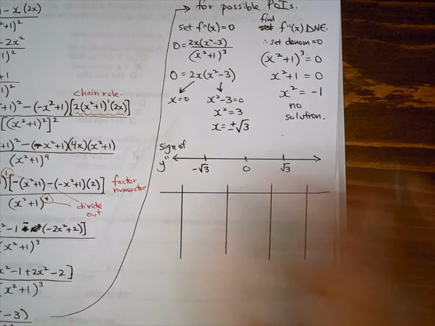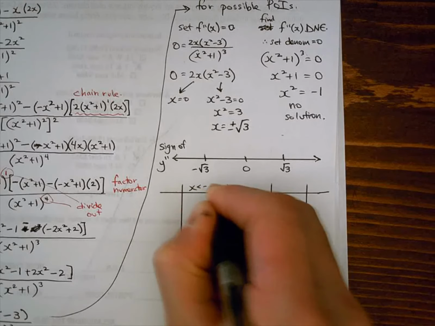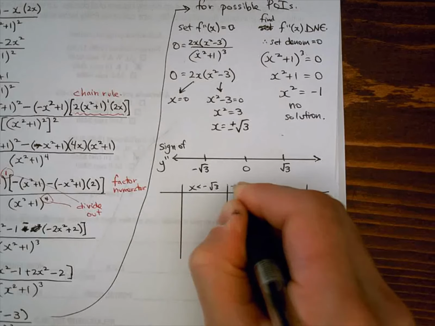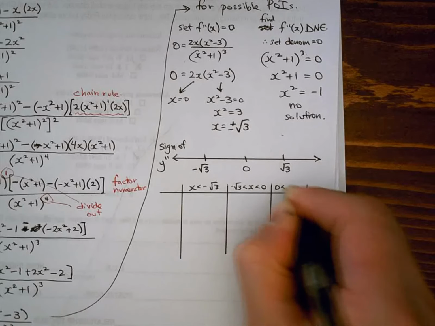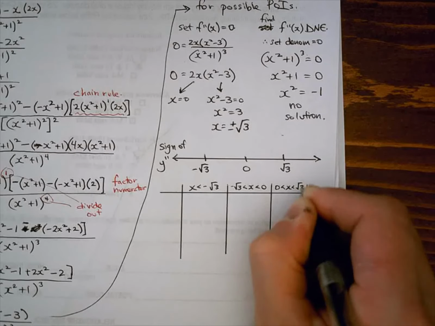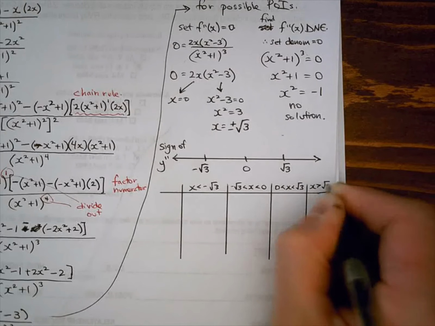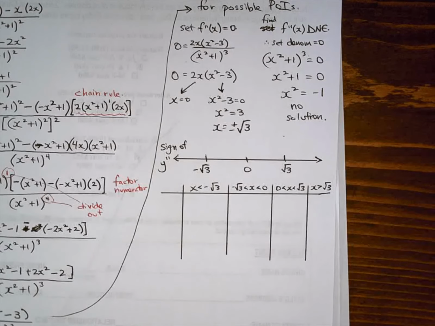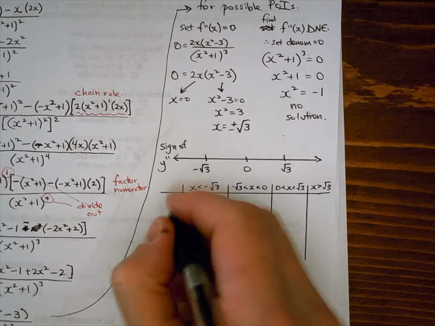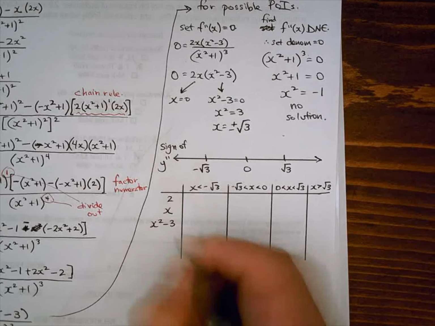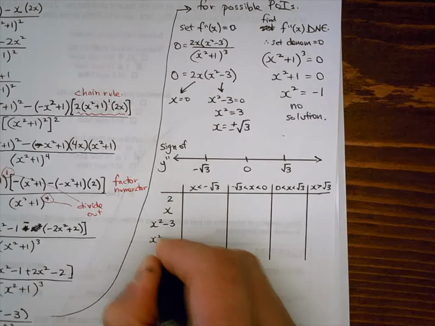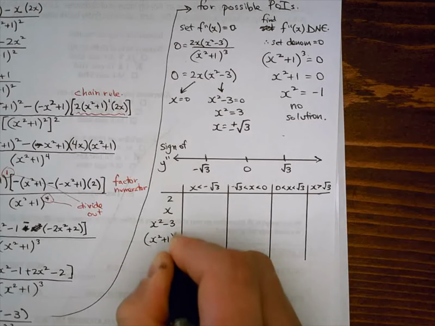Okay, so now I have x less than negative root 3, x between negative root 3 and 0, x between 0 and root 3, x greater than root 3. And then I have to put all my factors in. Well, my factors are 2x, x squared minus 3, and x squared plus 1 cubed.